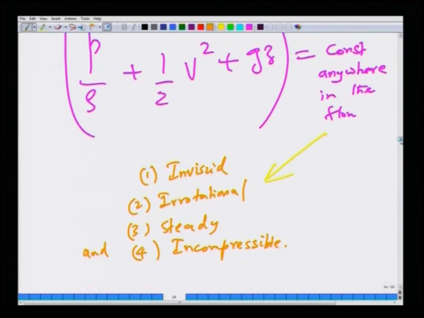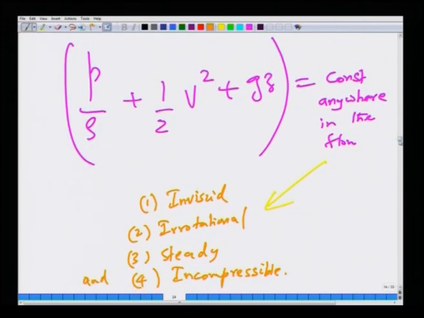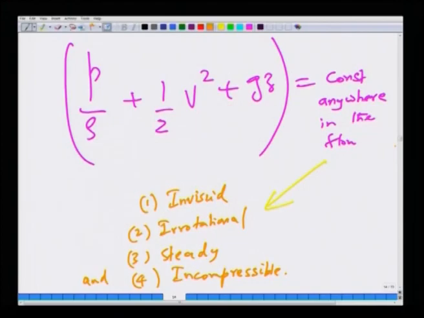Okay. So, these are four, this is the same type of equation that results, but the types of assumptions that we make to get this equation, that P by rho plus half V squared plus G Z is constant anywhere in the flow, are completely different. Basically, you need not consider dr along a streamline, it can be any 2 points in the flow, but we are making a much stronger assumption that the flow is irrotational.